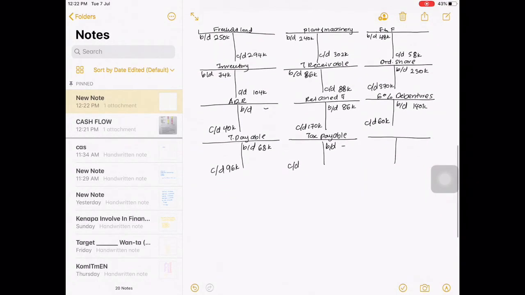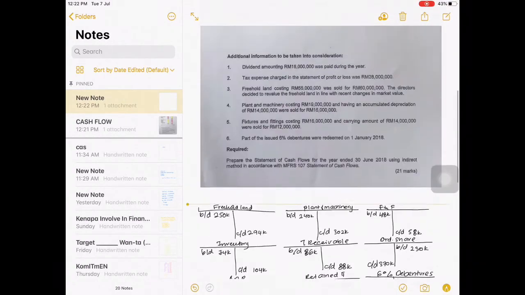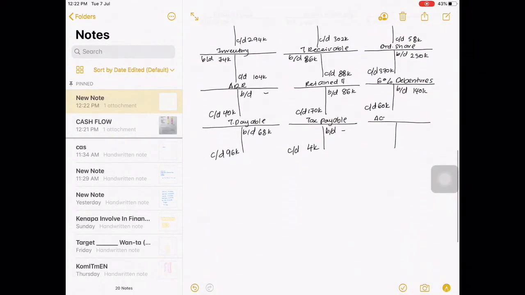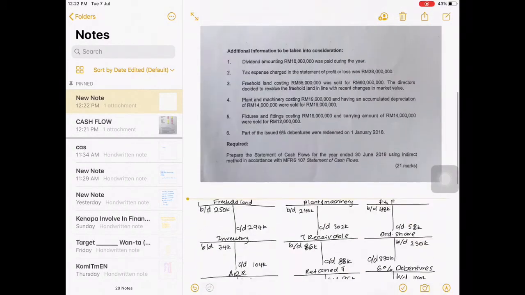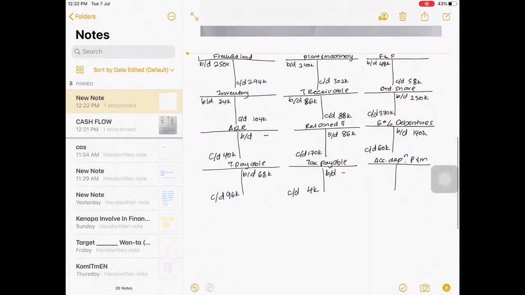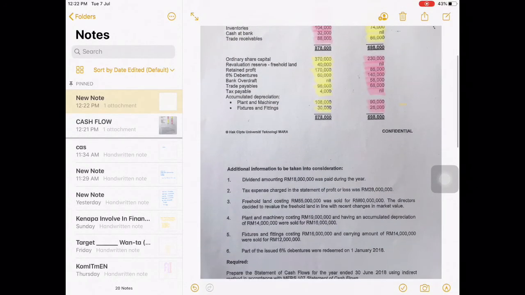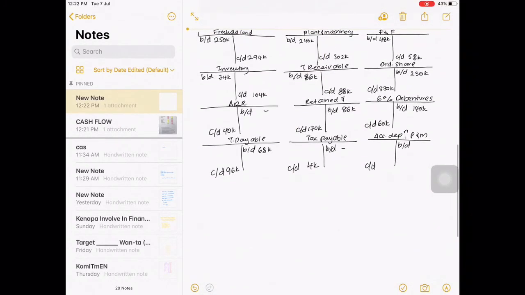Alright, and then we have accumulated depreciation. Again, the brought down figure will be on the credit side, and the closing figure will be on the debit side. Just transfer the amounts, everything that we found from the information.